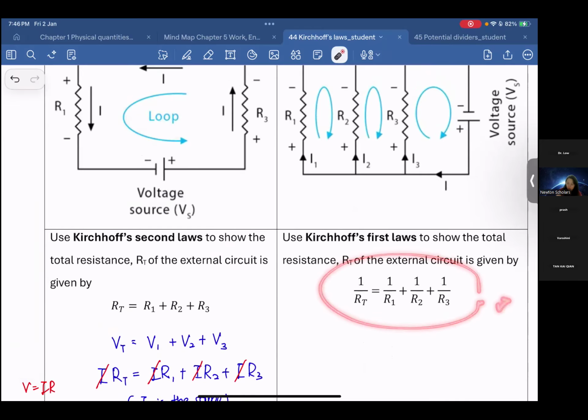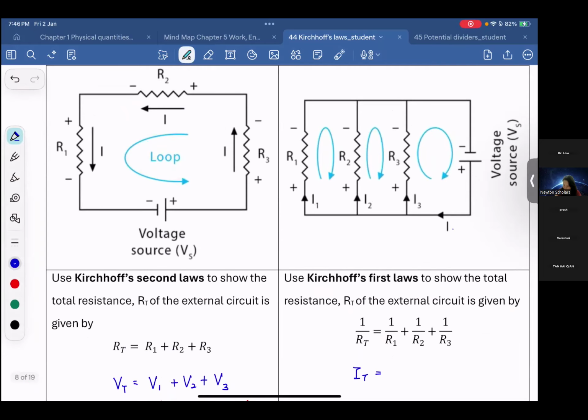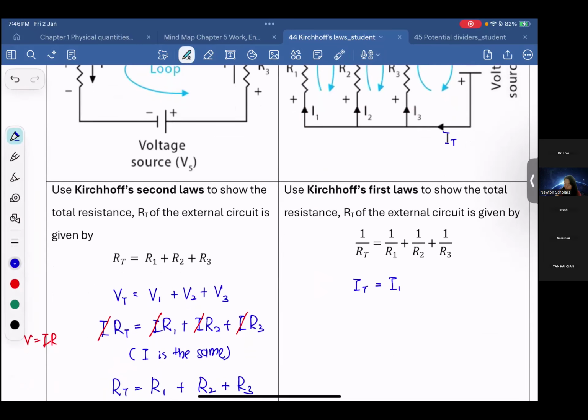This is the formula. Let's say this is the total current. It will split into three branches, 1, 2, 3, so we just add them up: I1 plus I2 plus I3.